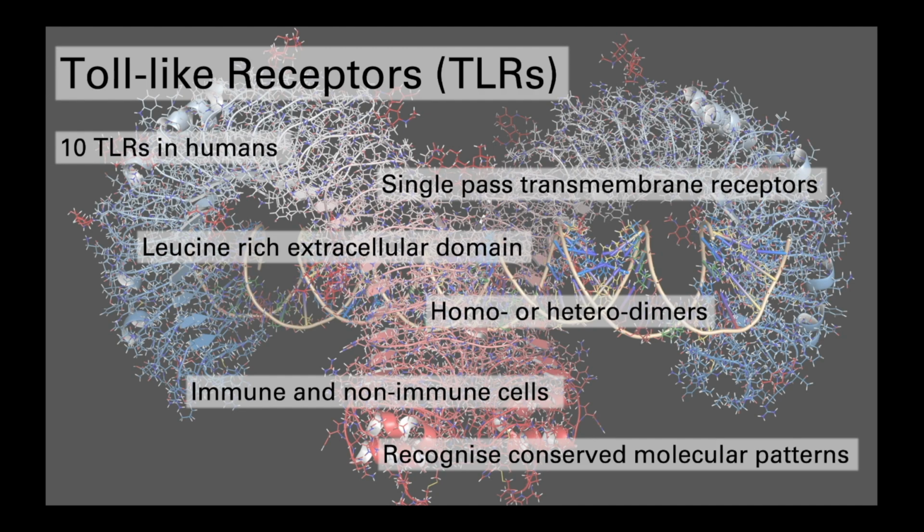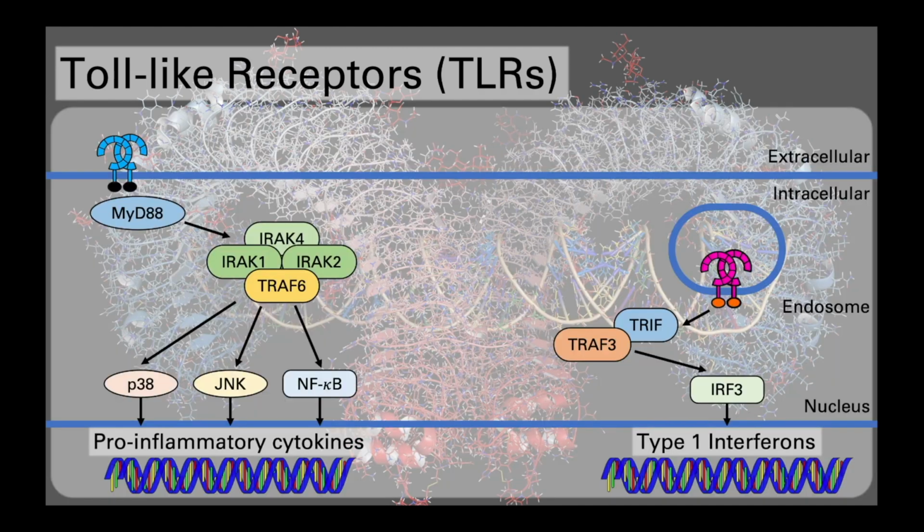They identify patterns that are conserved within pathogens, often ones that are central to their survival and so cannot be easily modified. We aren't going to talk in great detail about every single combination of TLR dimers, but to note, all the TLRs apart from TLR3 signal via MyD88 and TRAF6, and TLR3, being the exception, signals via TRIF and TRAF6.